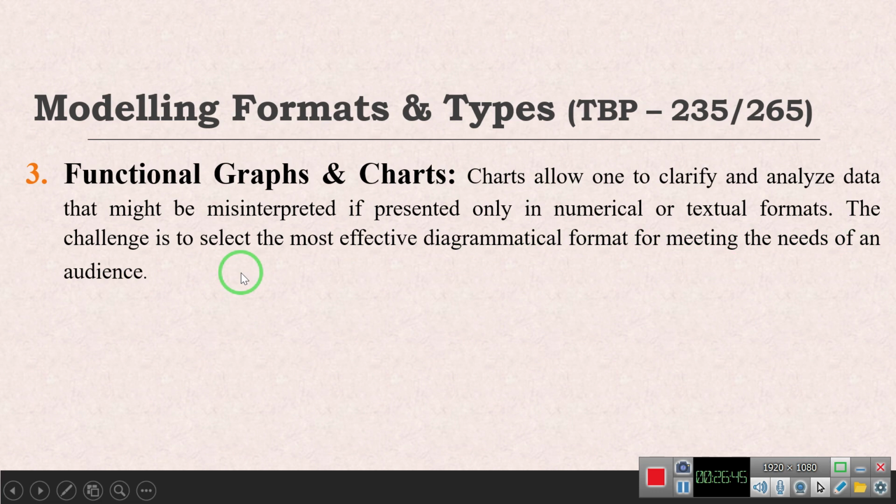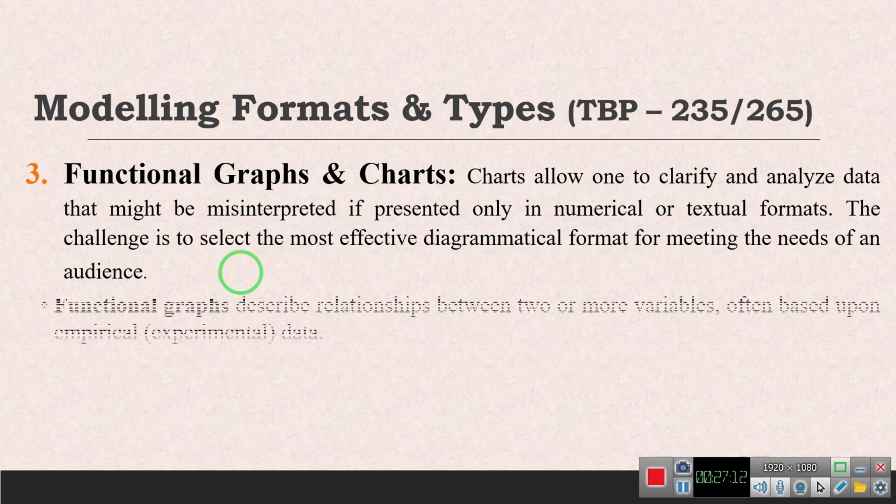Showing data in text format means writing on paper and showing the variations and the analysis in a paragraph manner. Then it will not be easy for everyone to understand. If we show it in a graphical way, then it will be easy to understand.